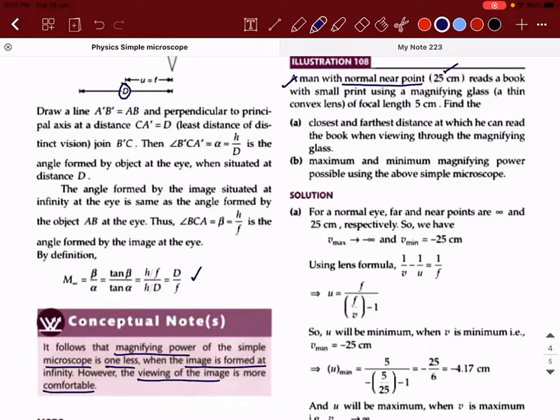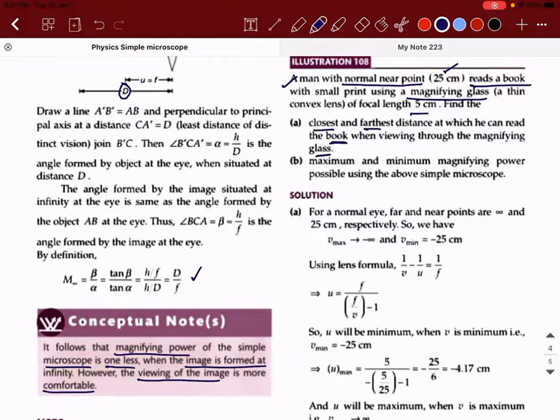Okay. So what is he doing? He reads a book with small print using a magnifying glass of focal length 5 centimeter.